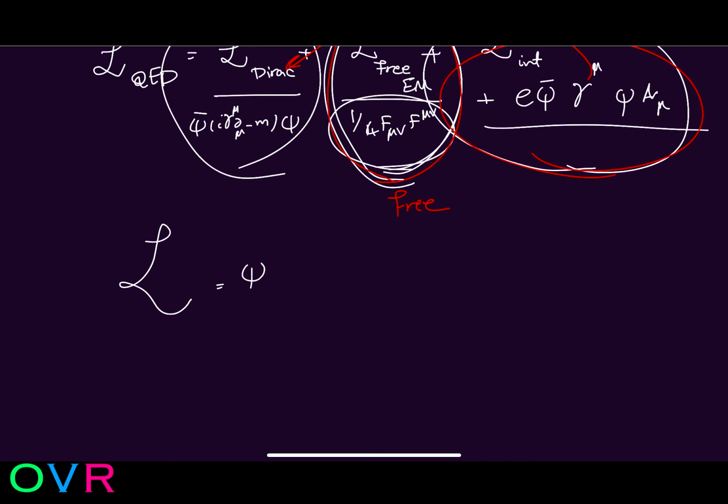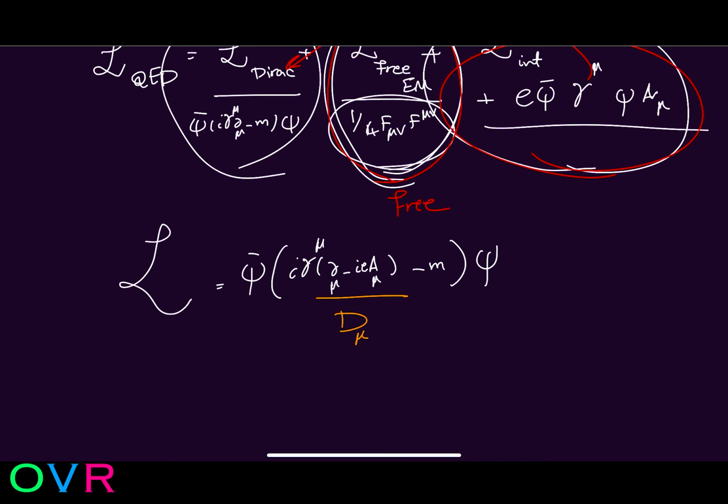The first term would be psi bar, psi, but now instead of the regular derivative, I'm going to use gamma mu times (partial mu minus i e A mu), minus m, times psi. I can call this the D mu, or covariant derivative.